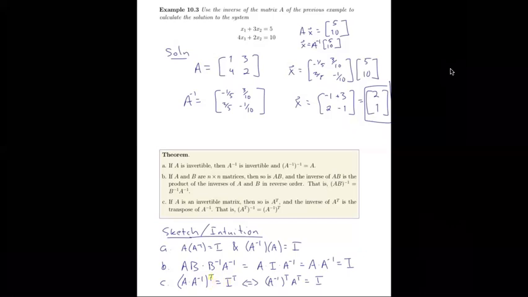Well, what does the transpose do? Remember back in section 2.1, we learned that transposes of matrix products reverse the order, right? So we have A inverse transpose times A transpose, and that looks like this. But we can also write it the other way by swapping the order inside here.